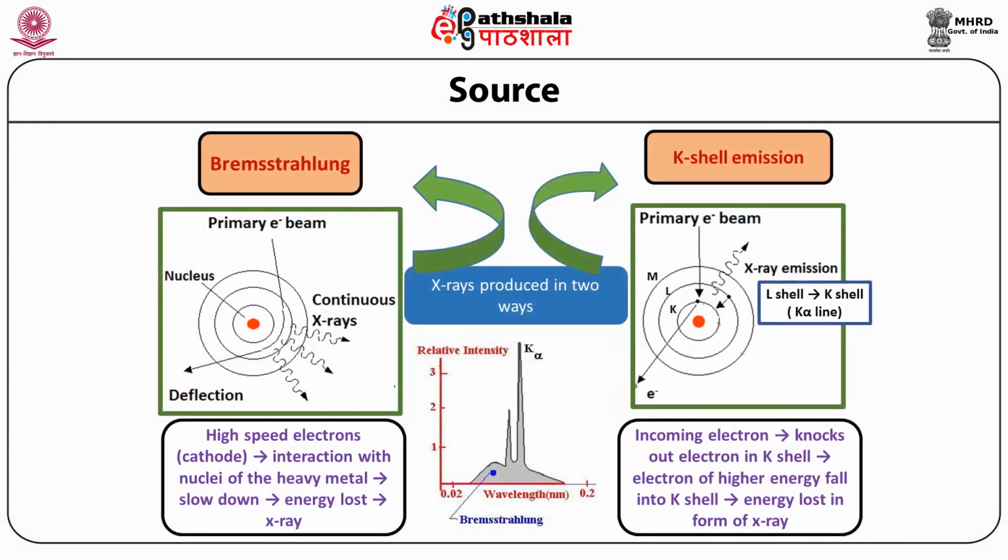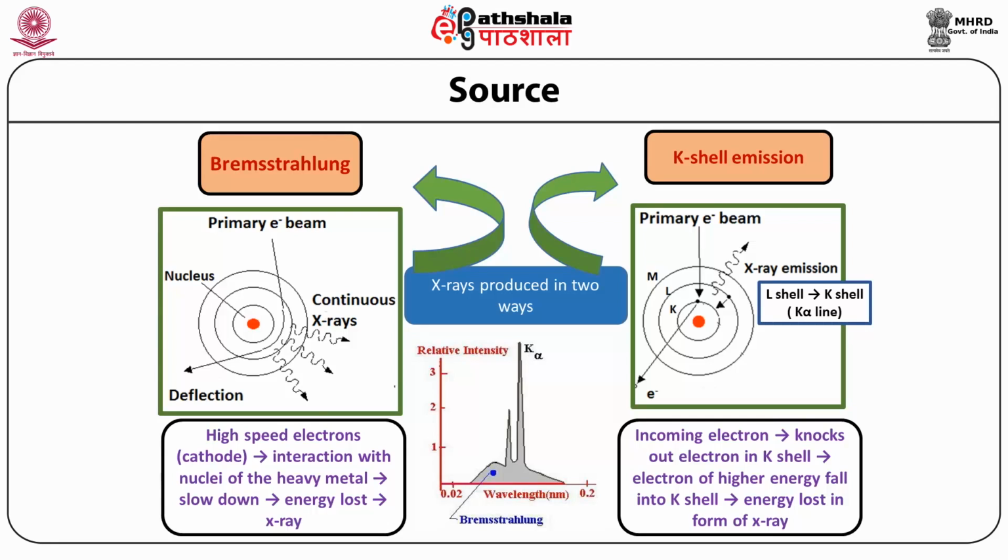This talks about the ionization that takes place in the atom. There are two phenomena. The primary electron beam is the one which goes in, continuous X-rays are there which hit the target, and then they produce the electrons which come out. So we have shown here there is a nucleus, continuous X-rays are there, and the primary electron beam is there which is deflected.